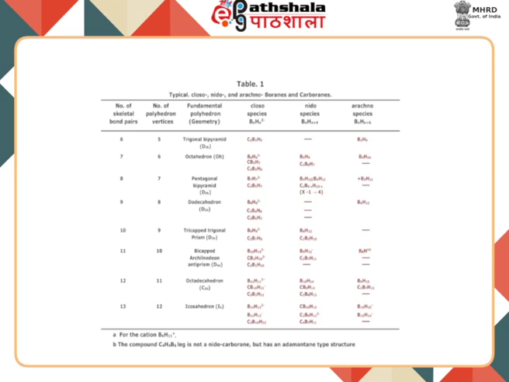Moving on further, when the number of skeletal bonded pairs is 12 and the number of polyhedron vertices is 11, the geometry is octadecahedron, also called C2v. Examples under closo species are B11H11 2-. Another one is CB10H11.